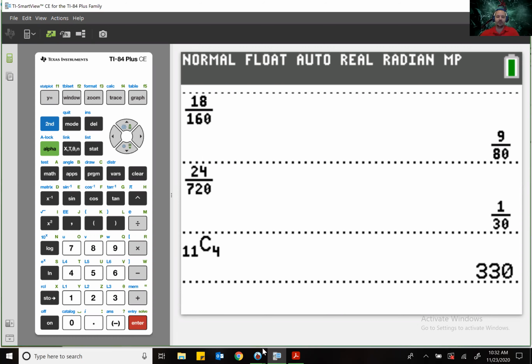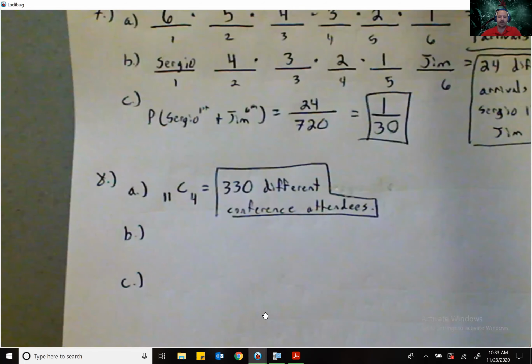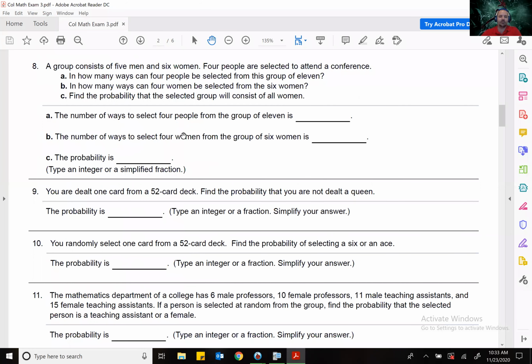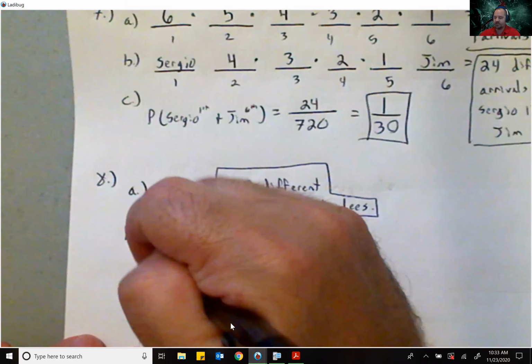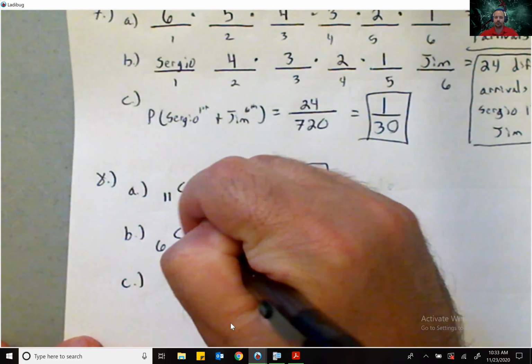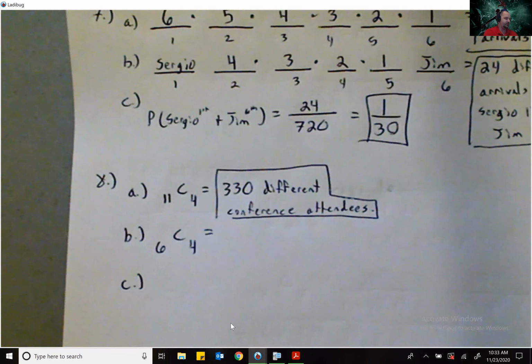So part B says the number of ways you can select 4 women from a group of 6. Well, right there, we're going to have 6C4. So again, you just go to your calculator and let it do all the work.